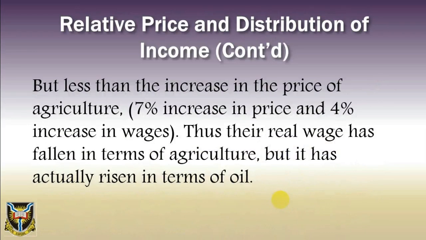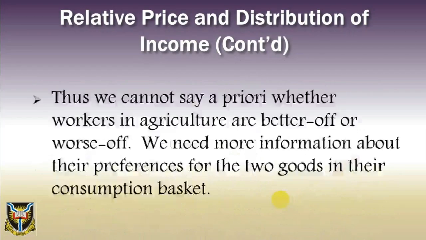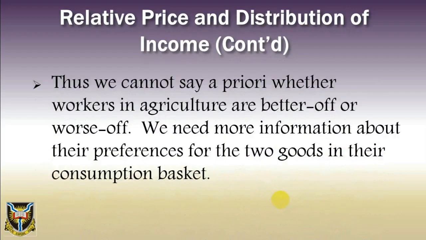Thus, their real wage has fallen in terms of agriculture, but it has actually risen in terms of oil. Thus, we cannot say a priori whether workers in agriculture are better off or worse off.